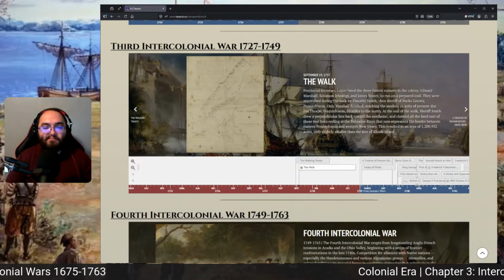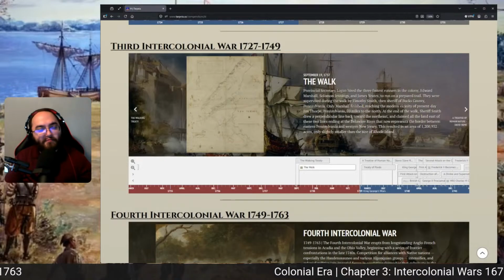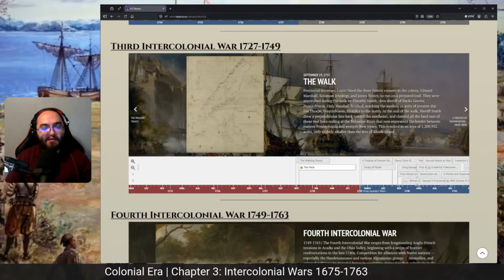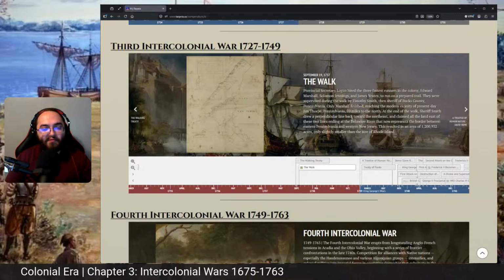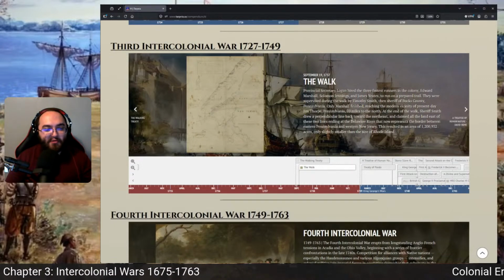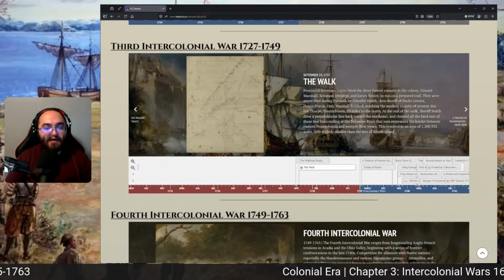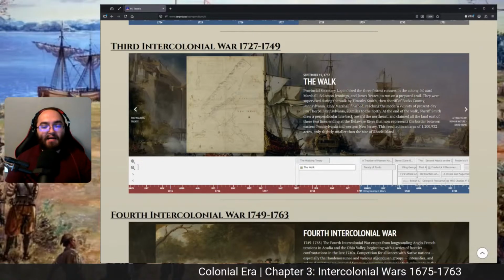And it was kind of a cheap thing for the Pennsylvanians to do, but at the same time, it's kind of a ridiculous treaty for the Lenape to agree to in the first place. I don't know.